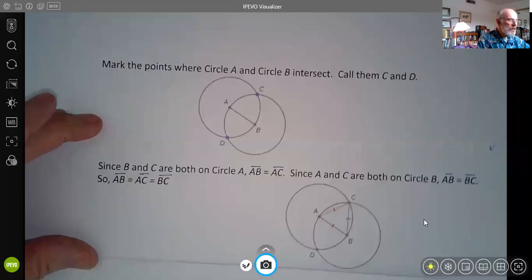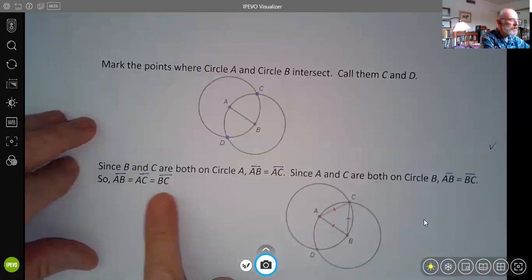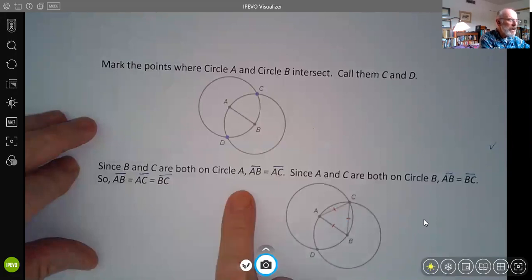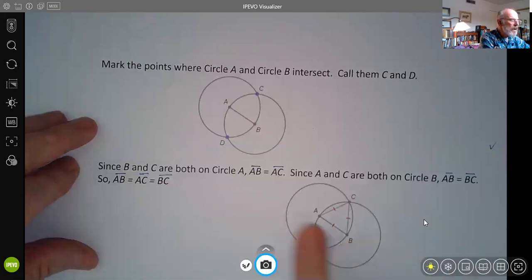So let's go back to our DocuCam presentation. Since both B and C are on circle A, with A as the center and B right on the edge of it, line segment AB has to equal AC.